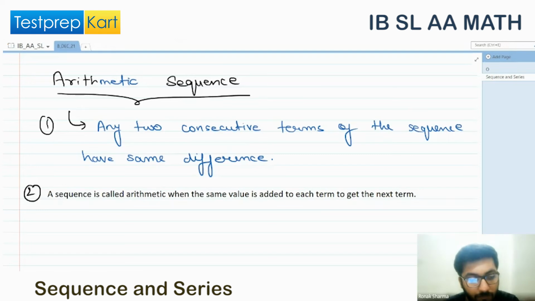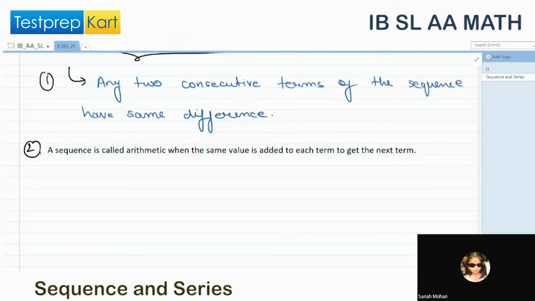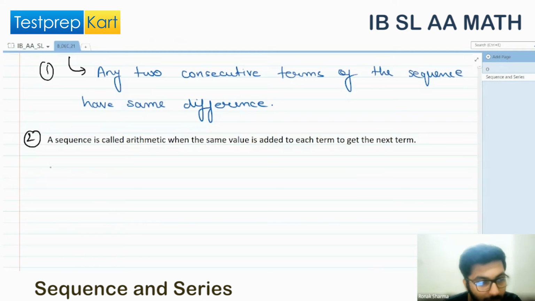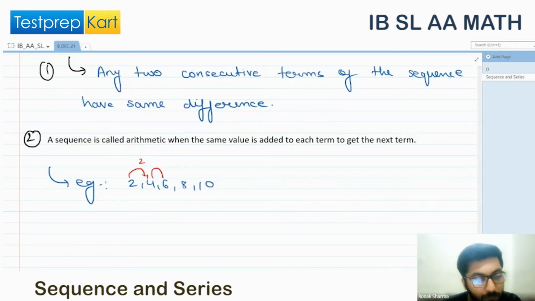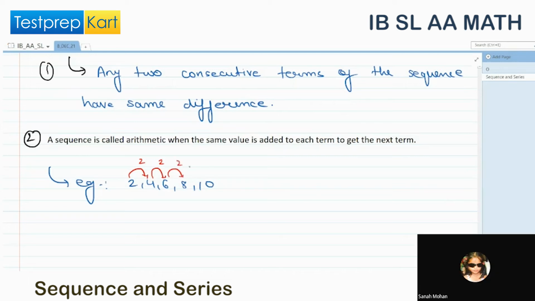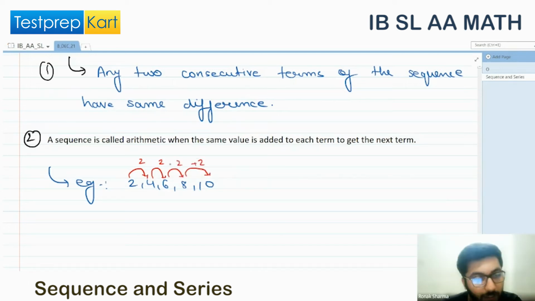If we go for an example, a very basic example we can see is 2, 4, 6, 8, 10. Can we see that each term is being increased by 2? The same number, we are adding 2. It can be negative also. Let's say 9, 7, 5, 3, 1.